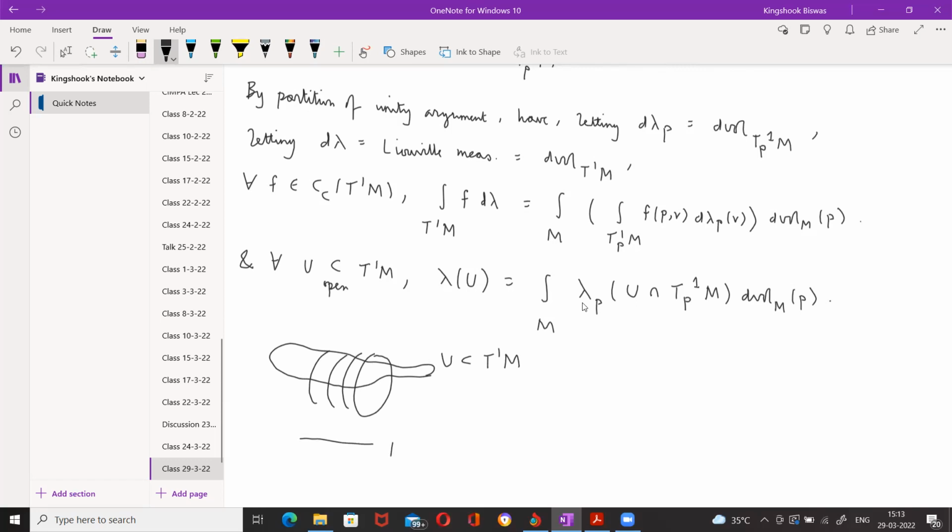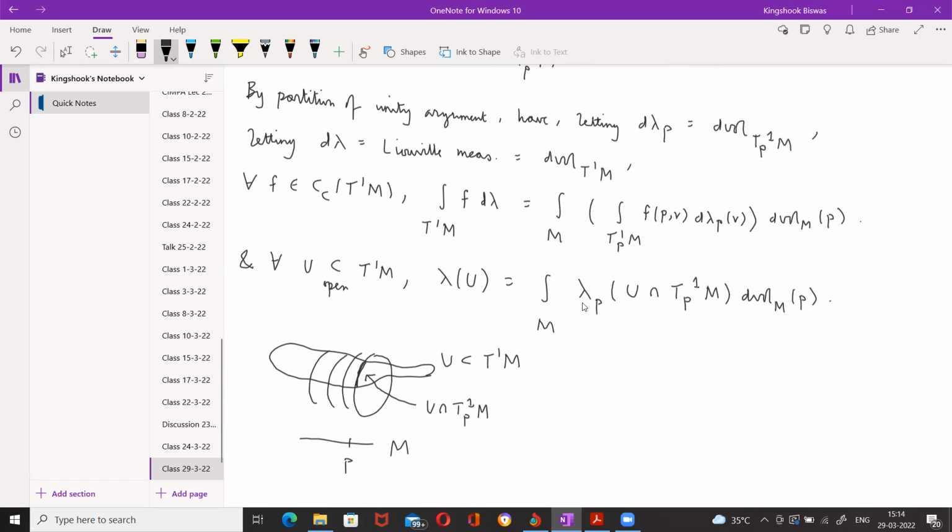The base is M. For each point P in the base, I look at the intersection of U with the unit tangent sphere. This is U intersect TP1M. I take the Riemannian volume of this in this unit sphere, and then I integrate that as a function of P with respect to volume in M, volume in the base.